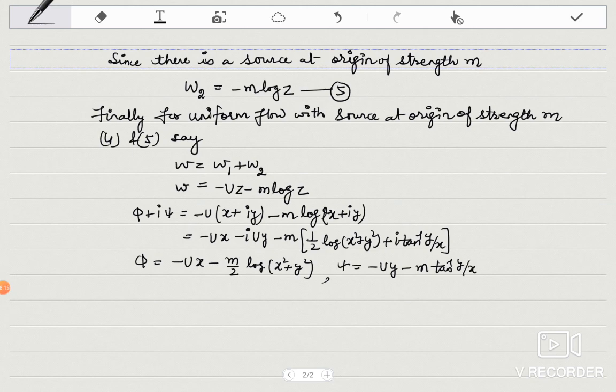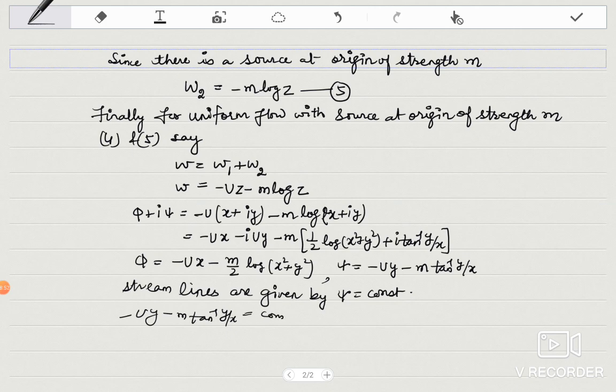Usually in such problems, when we describe the flow, we concentrate on the streamlines unless the potential lines are asked. So we will concentrate on streamlines. We know that streamlines are given by psi equal to constant. So take minus Uy minus m tan inverse y upon x equal to constant, or take this constant to be 0.